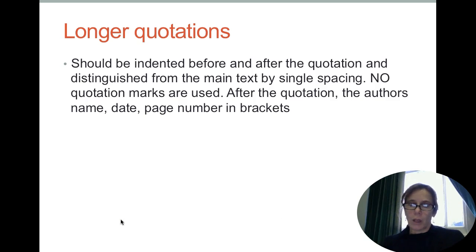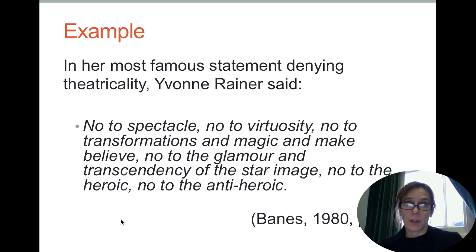Well, there's a little bit of a different way to present a longer quotation, and normally in academic convention we say anything that's 40 words or more. So here we've got a quotation, I hope it's probably just a little more than 40 words. In her most famous statement, etc., etc. And the quotation from Yvonne Rainer is in single spacing, so we single space it, in italics, but no quotation marks, because the way that that's presented, it's automatically a quotation, so you don't need to put quote marks around it.